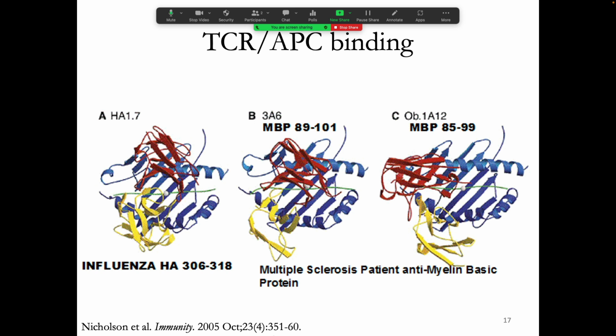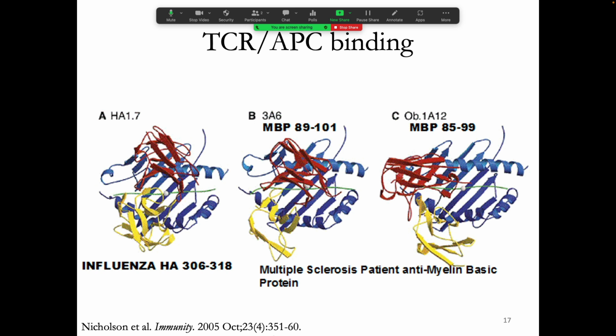Sometimes what we've noticed, and these are two different cases of T cells found in multiple sclerosis patients looking at MHC plus peptide, is that the T cell will come towards the antigen presenting cell at the wrong angle, and it will think this looks like this foreign antigen if it's coming at this weird angle instead of this angle. So this is some of the structural evidence we have seen in terms of cross-reactivity.